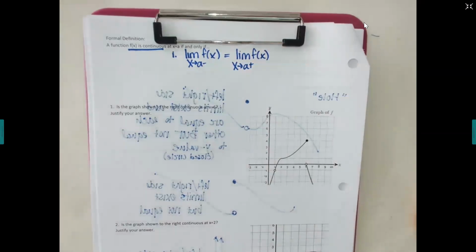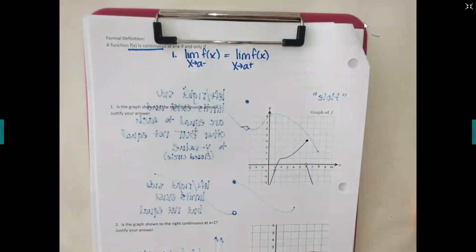That's the first thing you're going to check. The little minus is your left side limit, the little plus is your right side limit. They have to come out the same. That's step one to check if it's continuous.